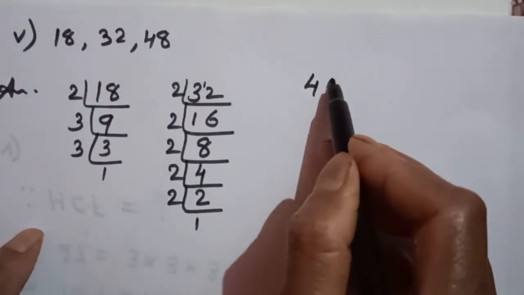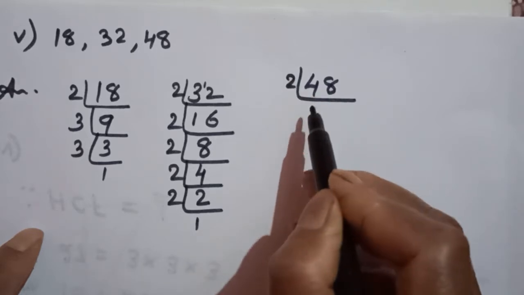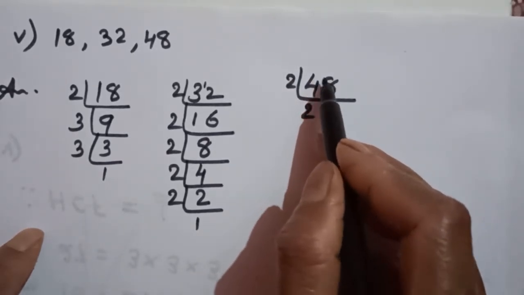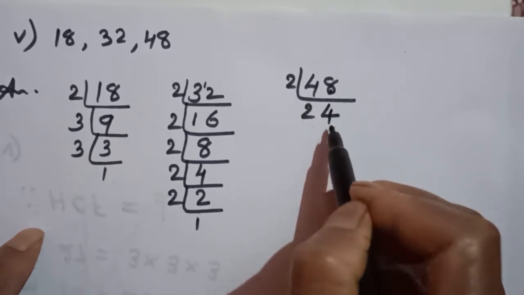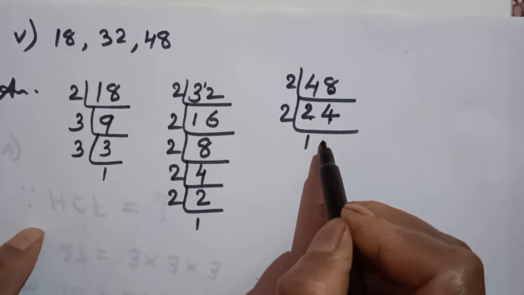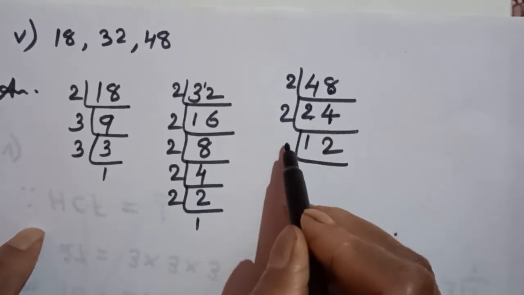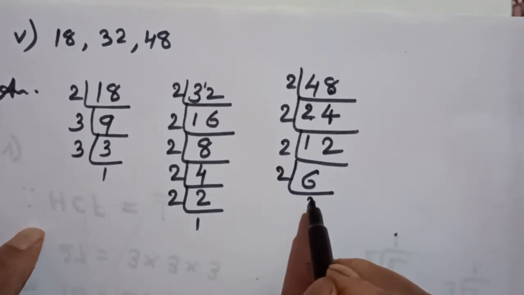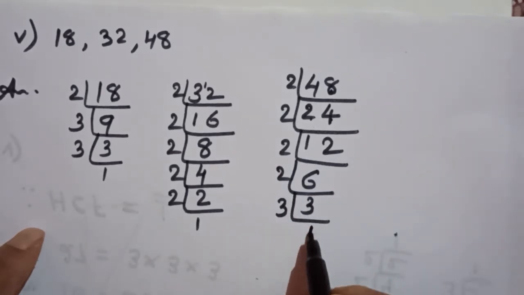And then 48: 2 2s are 4, only 8 remains, 2 4s are 8. Now again 2: 2 ones are 2, 2 twos are 4.